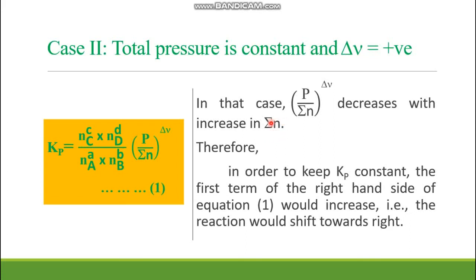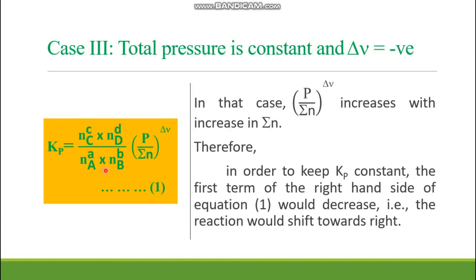N0 is increasing, so this one would also increase. If this denominator increases, then it has some positive power, so the overall thing decreases. If this decreases, then in order to keep Kp constant, this one would have to increase. That means the numerator would have to increase, the denominator would have to decrease, that means the reaction would shift to the right hand side. So this is case 2.